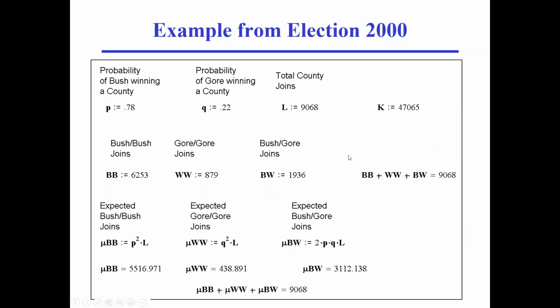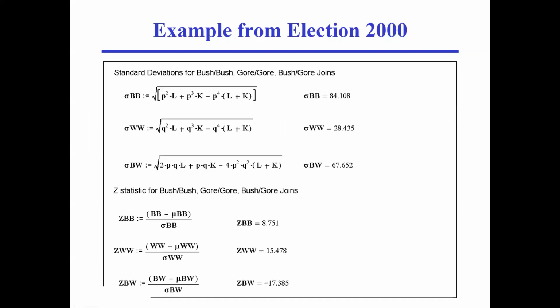But eventually, the things we want to calculate are the same, right? The number of BB joins, WW joins, BW joins, and the expected values of them. Then we want to calculate the standard deviations for BB, WW, and BW, and after that, the Z values.